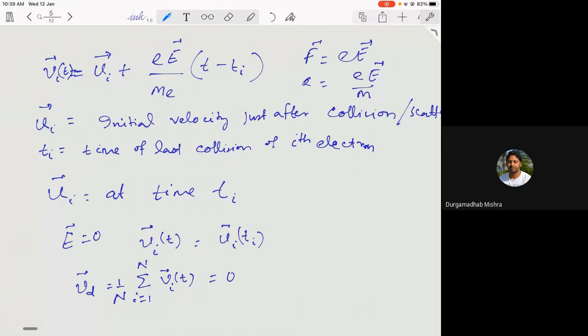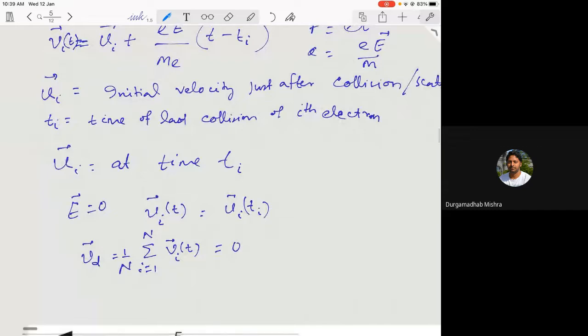Why? Because we know J is proportional to the drift velocity, and if we don't apply any electric field, there will be no current density. So without electric field, we will not have a current density.